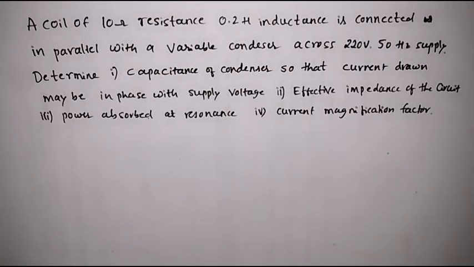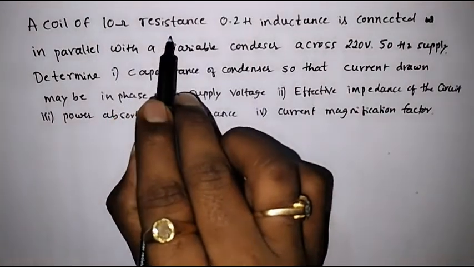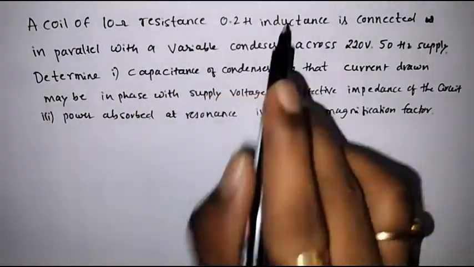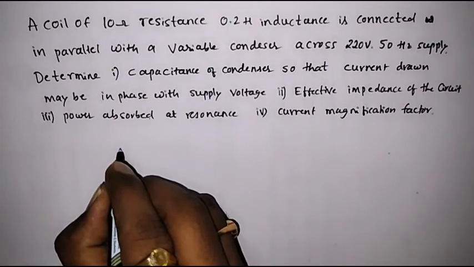First, let's draw the circuit with respect to the given data. A coil of 10 ohm resistance and 0.2 Henry inductance, both are in series.